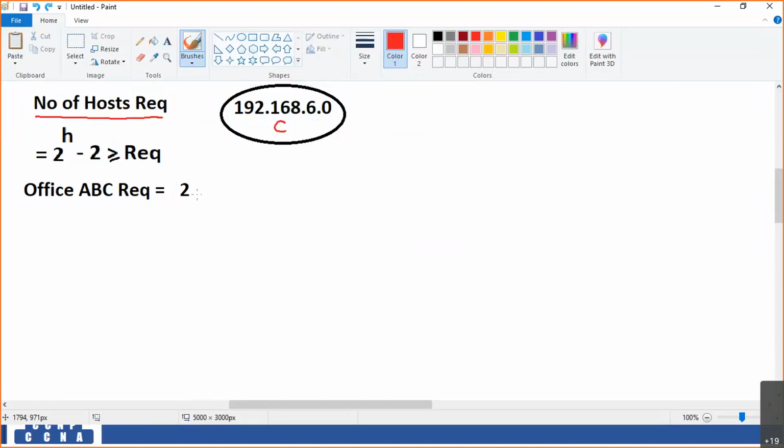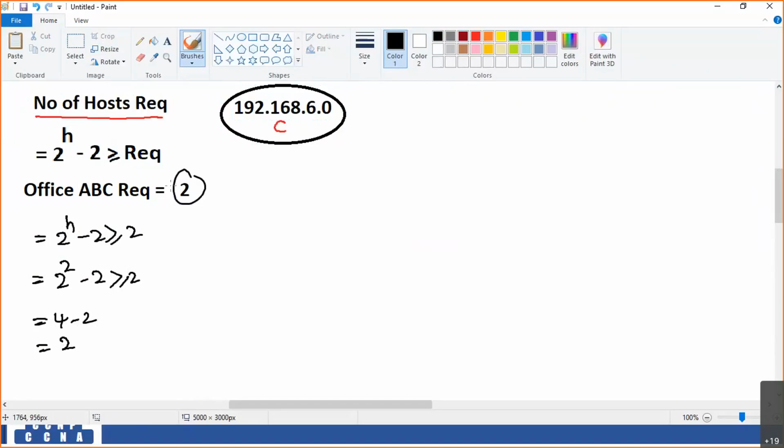Yes, please. 2 power h minus 2. Requirement is 2, then 2 power 2 minus 2: 4 minus 2, yes exactly, we'll get 2.